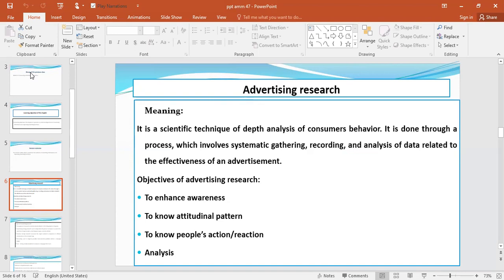Now we have got the objectives of advertising research. The first objective is it helps to enhance awareness. Second, it helps us to know attitudinal pattern. Third, it helps us to know people's reaction or action. Next, it helps us in analysis.